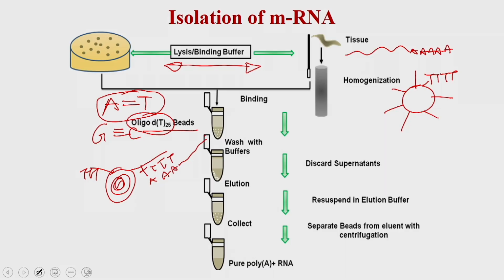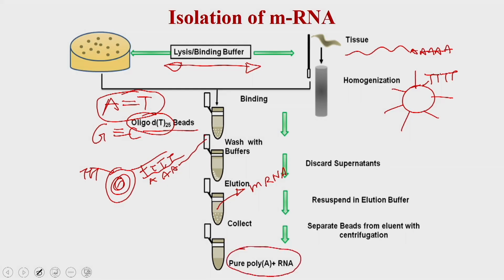Once you do the elution, it is going to break the interaction between the poly T and poly A, and that will release the RNA into the supernatant, and that supernatant you can take to collect the messenger RNA.